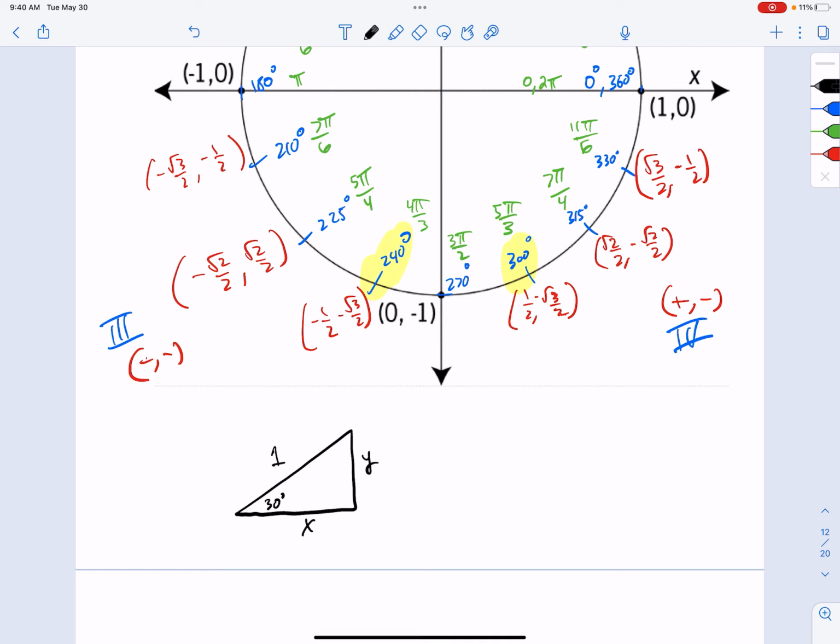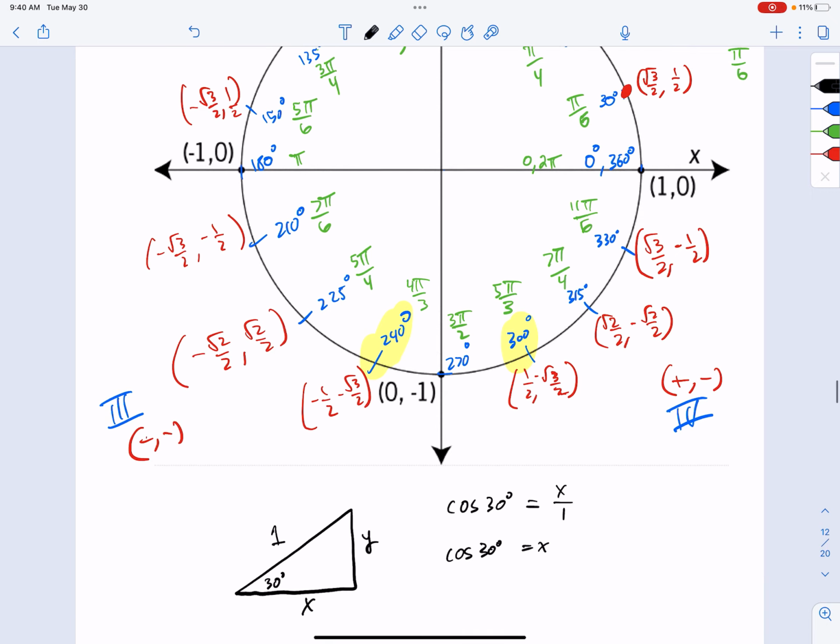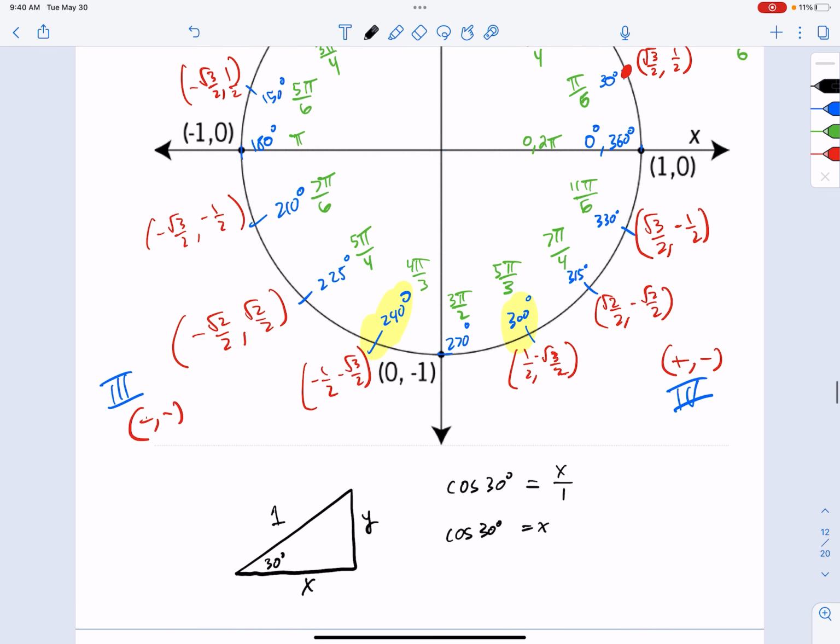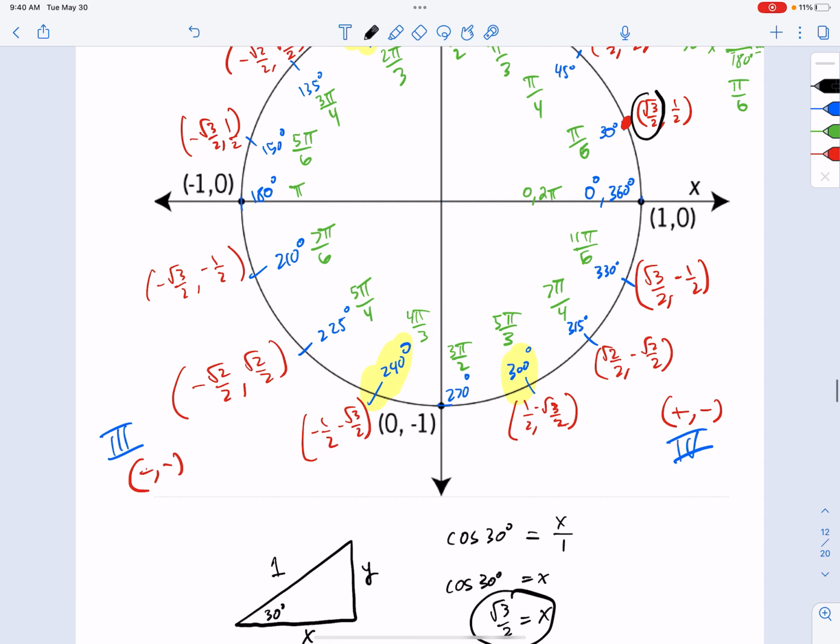To find the x value, I kind of glossed over this, but this is cosine of 30 degrees. Cosine is the adjacent side over the hypotenuse. So cosine of 30 degrees is equal to the x coordinate here. And what we said was the x coordinate was root 3 over 2. Okay, so that's how we got this root 3 over 2 up here.